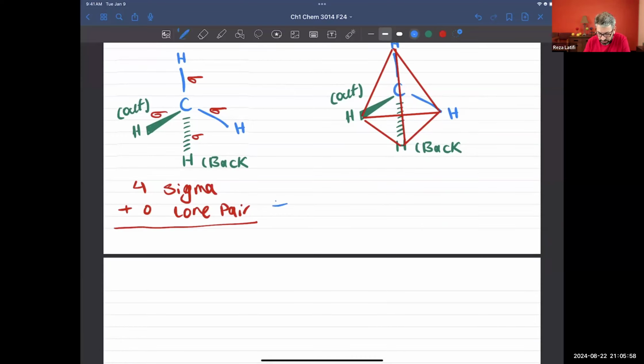It doesn't matter which orbital, because the max you can put in it is 2 electrons. So I have 4 pairs. Let's use 1 from S and some from P. How many do I need to make it 4? I need 3, so that's 1 plus 3, which gives me 4.